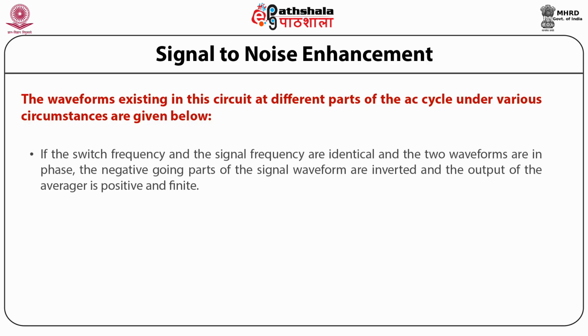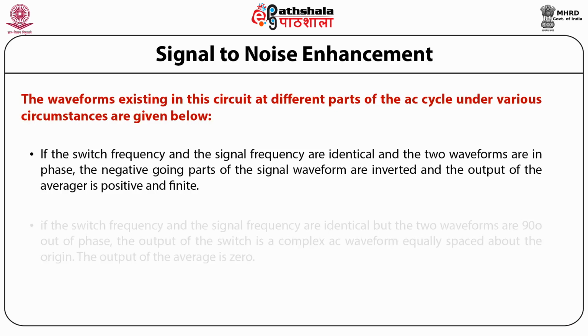First, if the switch frequency and the signal frequency are identical and the two waveforms are in phase, the negative going parts of the signal waveform are inverted and the output of the averager is positive and finite.